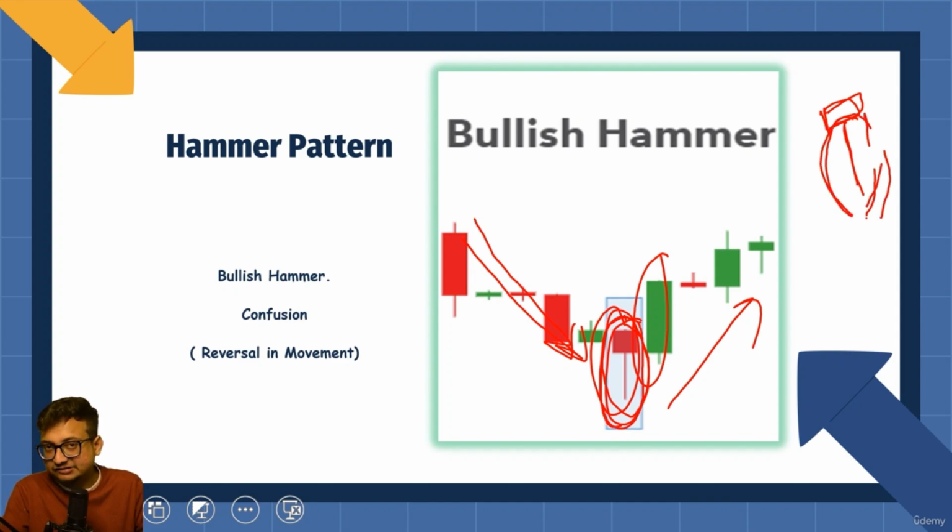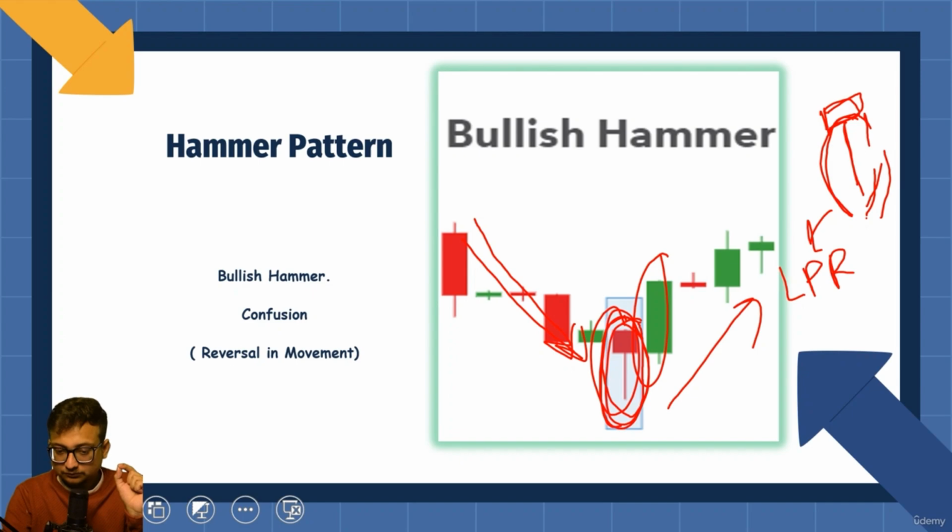and this particular region is called LPR. The meaning of LPR is lower price rejection. I repeat, lower price rejection.